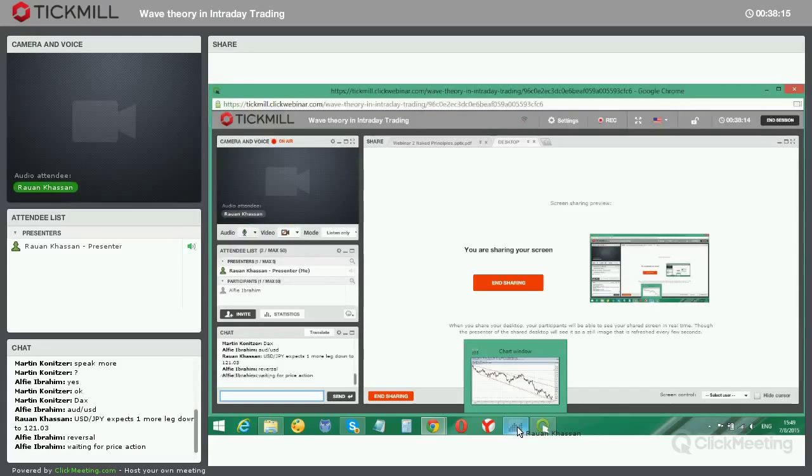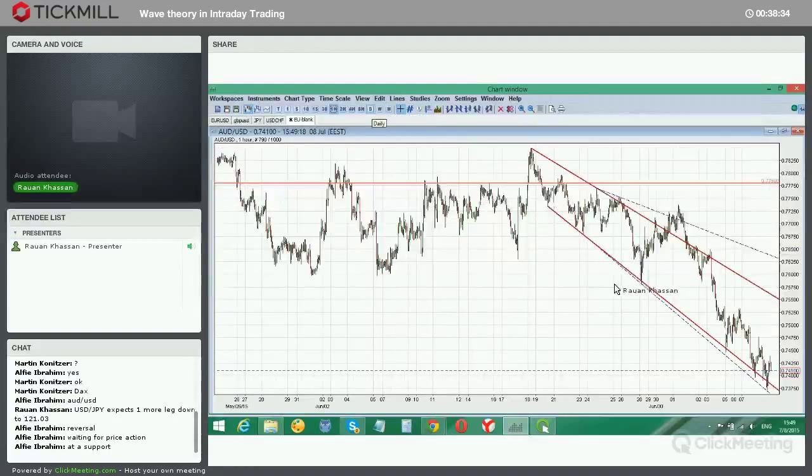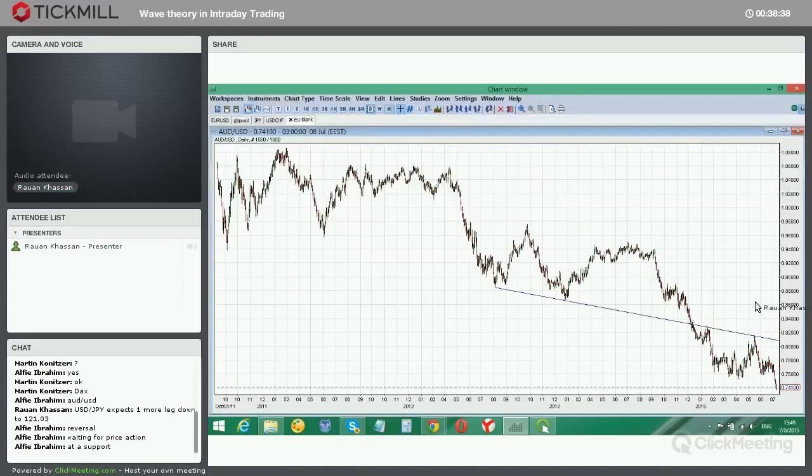Okay. In your trading strategy, what could be a signal for reversal for you? Okay, so you're looking for support. Do you agree with my view on support of 0.7260, or do you see any other support?